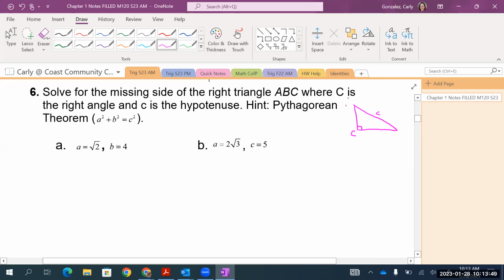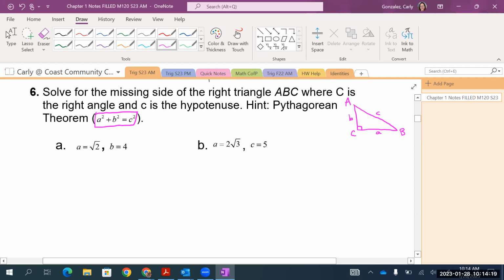If I put angle A up here, then the side opposite angle A will be side A. And notice I'm using capital letters for the angles and lowercase letters for the sides. So opposite angle B is side B. And we have that A squared plus B squared equals C squared.